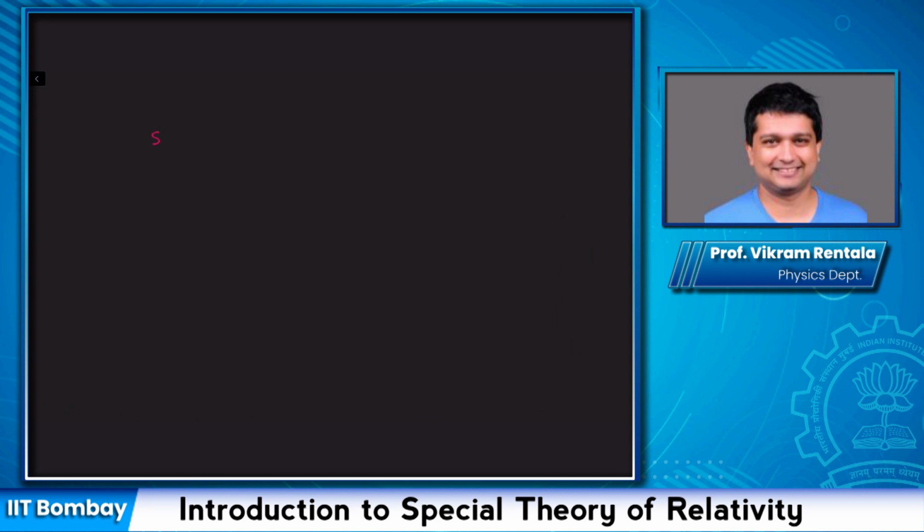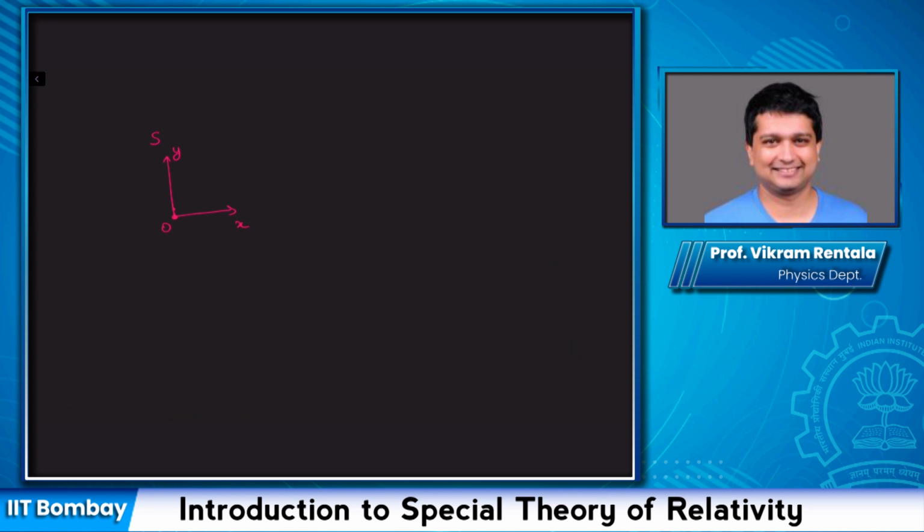Let's suppose that we're in a particular frame of reference S. In our previous example, this is, let's say, the platform. And let's consider two events that occur at, so we'll set up our coordinate system. So let's suppose this is the X direction, this is the Y direction. And now let's suppose we're sitting at the origin.